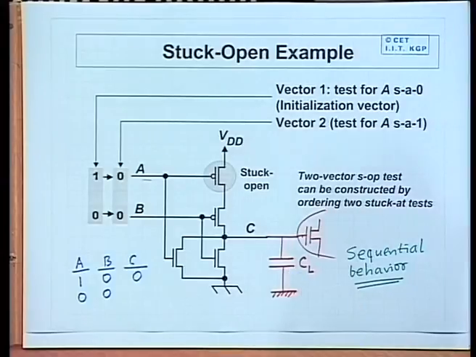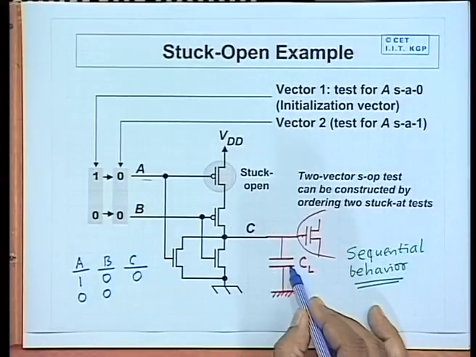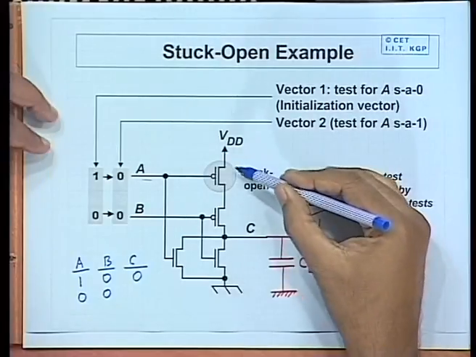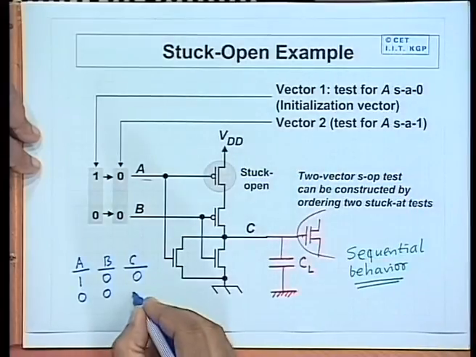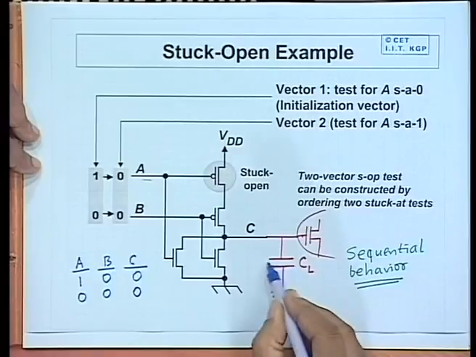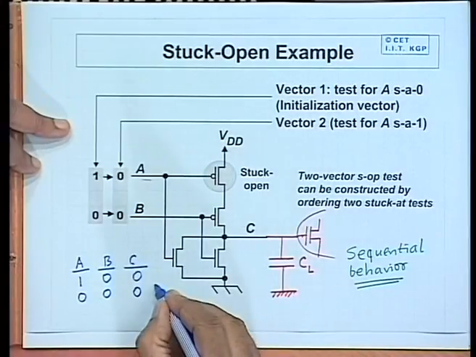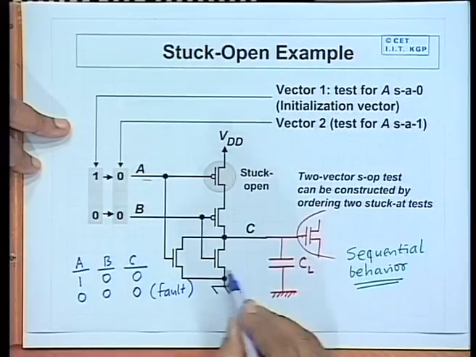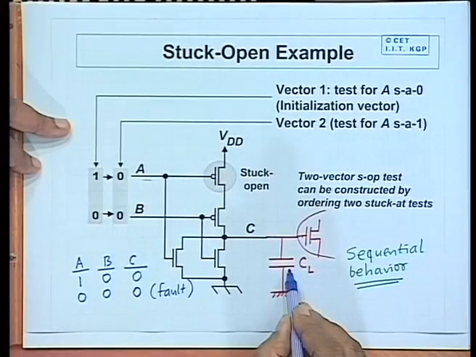So, what will happen to CL is that CL will be holding the previous logic value. So, in presence of the fault C will be 0 because the capacitor was already discharged.